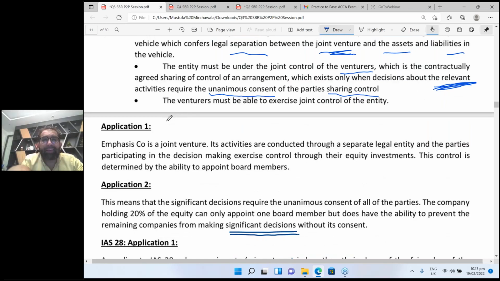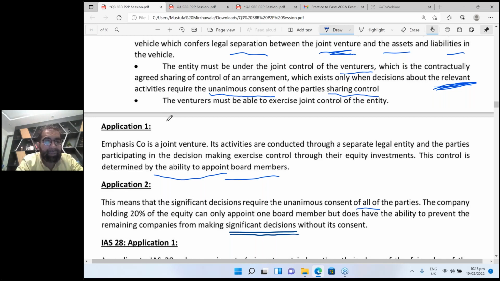Its activities are conducted through a separate legal entity. Yes, in the question we read. And the parties participating in the decision making exercise control through their equity investment. This control is determined by the ability to appoint the board members. Yes, you will send your board members, and yes, board members have the unanimous consent thing. This means that the significant decisions require the unanimous consent of all of the parties, including that 20% guy.